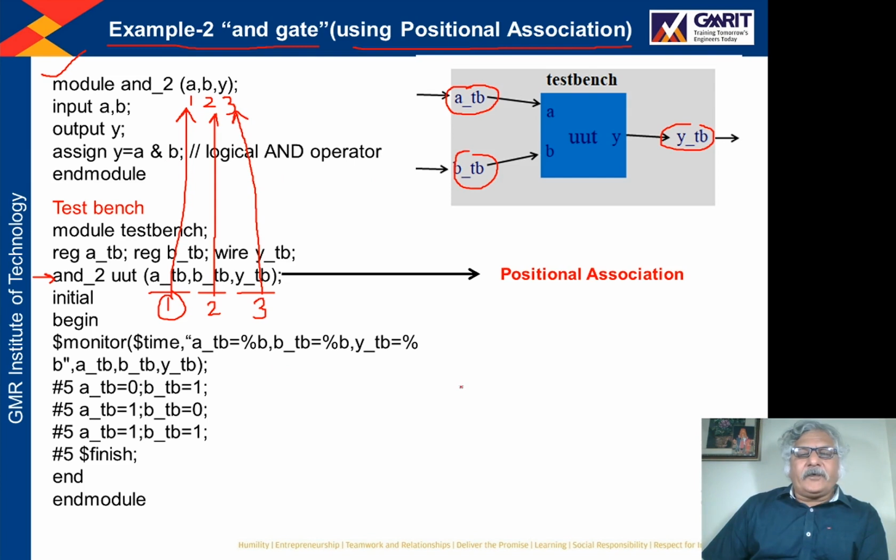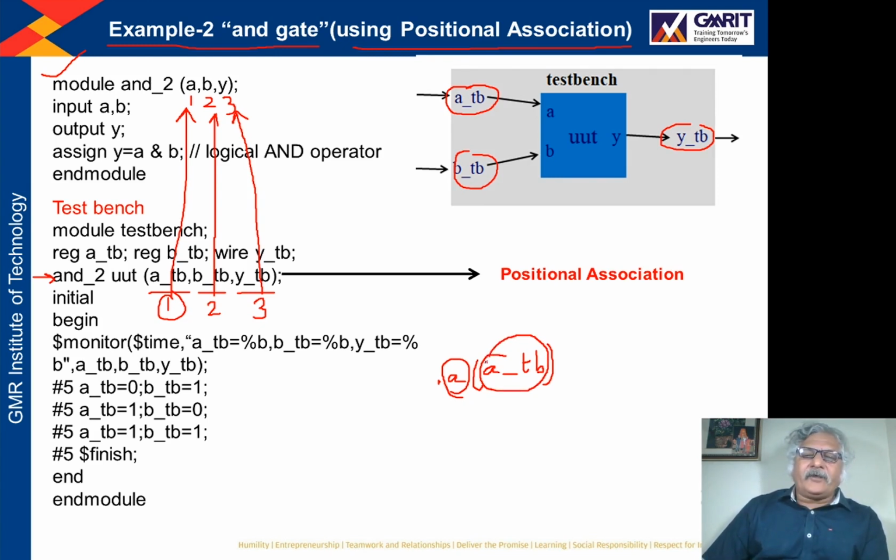And in the previous example, we did it this way: .A(A_TV), and that was explicit association, meaning this A of my unit under test will be connected with A_TV of my test bench, right?